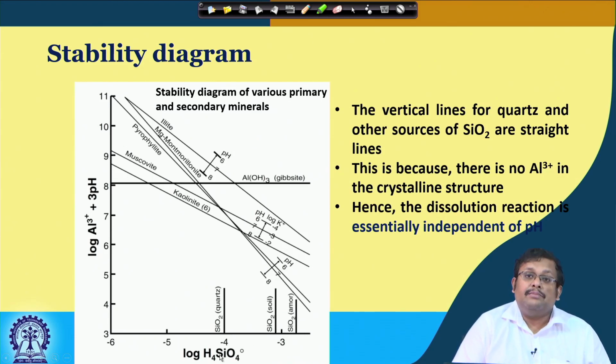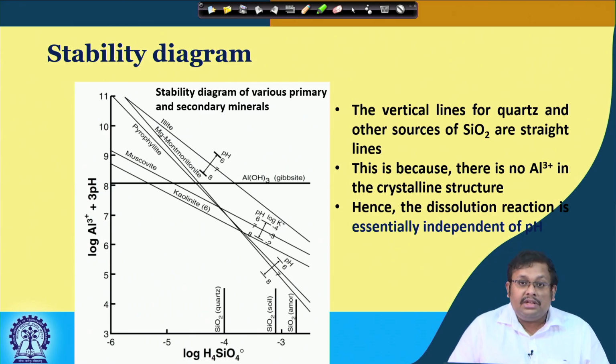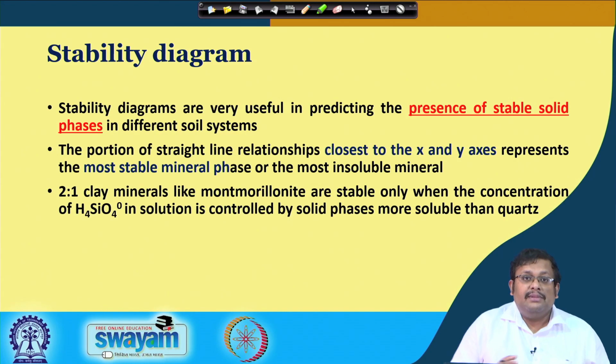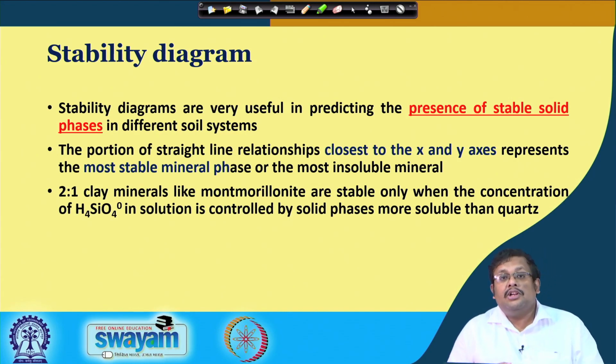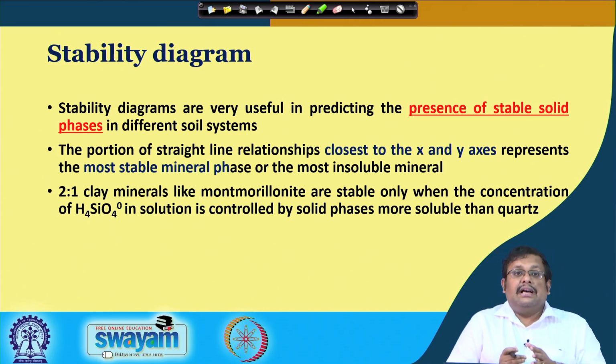They are straight lines because there is no aluminum in their structure, and their dissolution reaction is independent of aluminum. However, the stability diagrams are very useful for predicting the other stable solid phases. For example, 2:1 minerals like montmorillonite are stable only when the concentration of silicic acid in solution is controlled by solid phases more soluble than quartz.